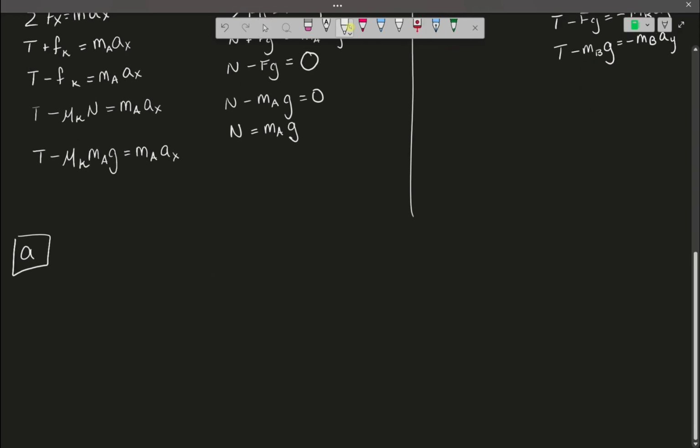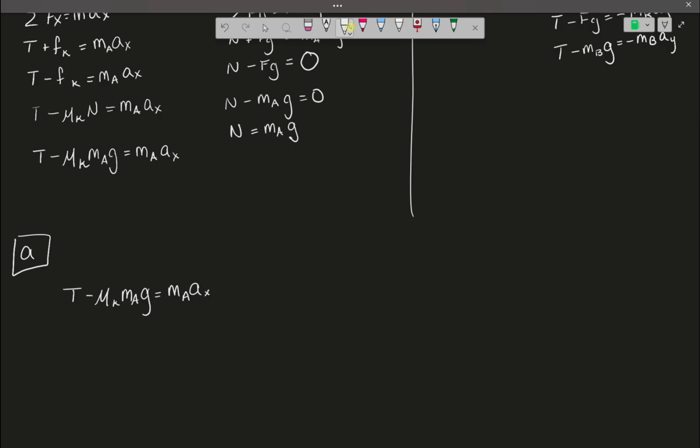We know it's block A because we have subscript A here. So I have the tension minus my coefficient of kinetic friction times the mass of block A times g is equal to the mass of block A times the acceleration in the x direction.